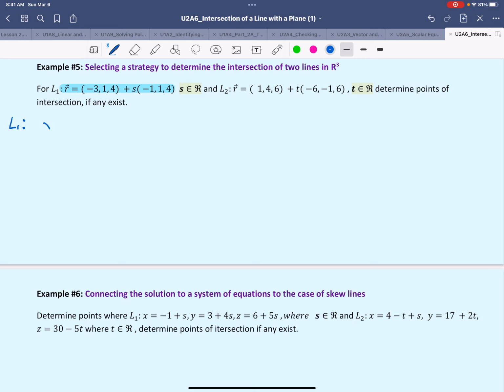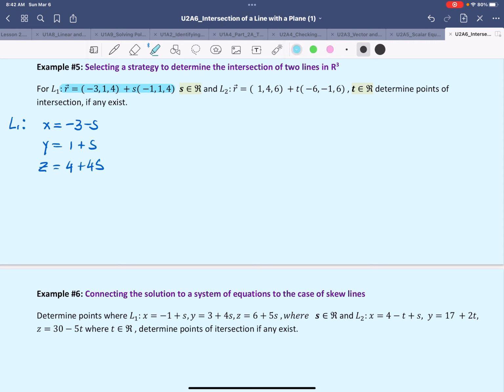The reason why we want to do this is because we want to find out the x, y, and z coordinates from line L1 that can fit into the line L2. So x here would be equal to -3 plus -1s. The y coordinate is 1 plus 1s. And the z coordinate is 4 plus 4s.